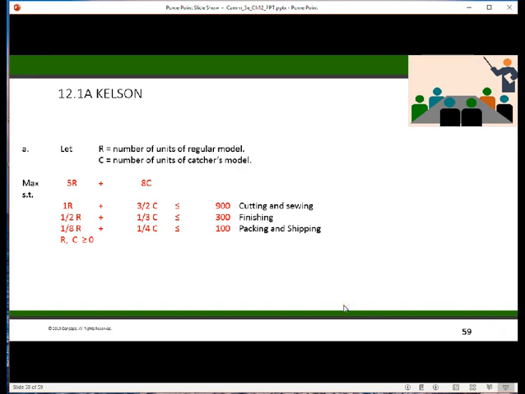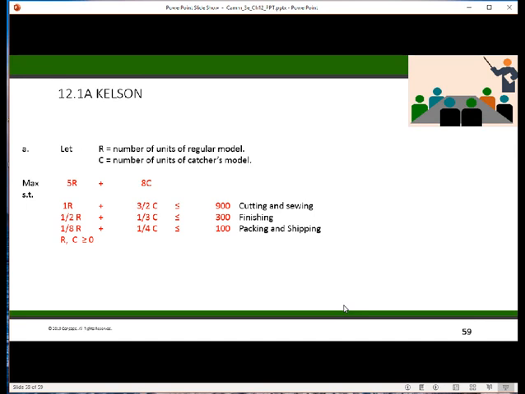Okay, so the Kelson problem is to maximize the money we make on the production of regular baseball gloves and catcher's mitts. So the profit we make for each is 5 times the quantity of regulars plus 8 times the quantity of catchers. We do have constraints.